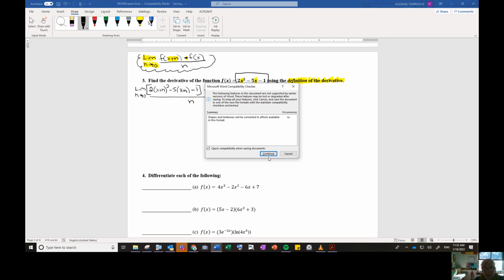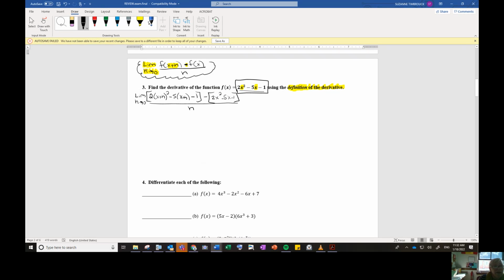All right, that is the hardest part, I think. And then you're going to want to FOIL this x plus h. This is x plus h times x plus h. So you're going to square that binomial and then distribute the 2. So I have to continue to write the limit as h approaches 0. This gives me x squared plus 2xh plus h squared, and then I'm going to distribute that 2.